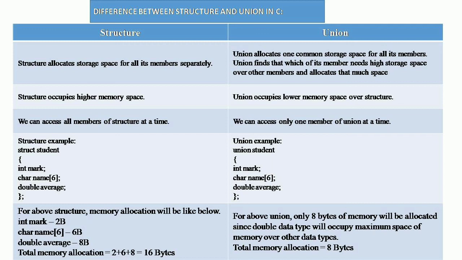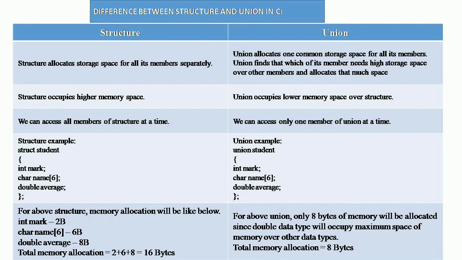For the above structure, memory allocation will be like below. Int mark equals 2 bytes, char name of 6 equals 6 bytes, double average equals 8 bytes. Total memory allocation equals 2 plus 6 plus 8, that is 16 bytes.